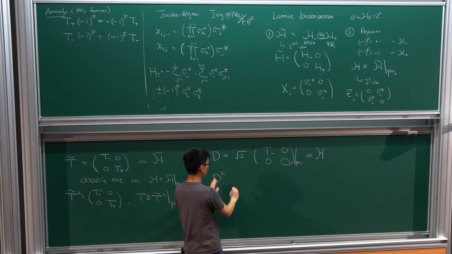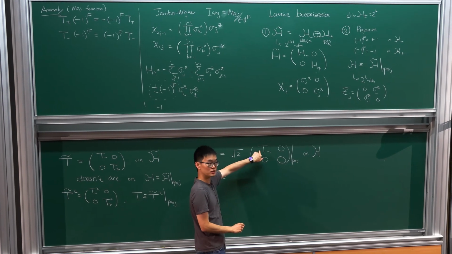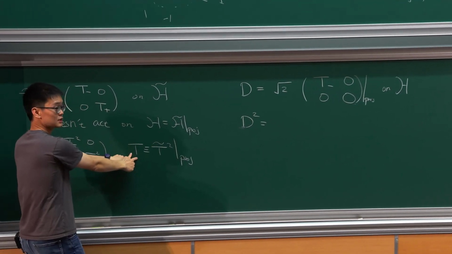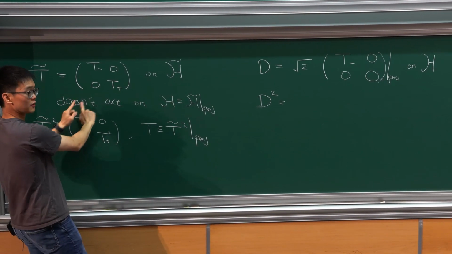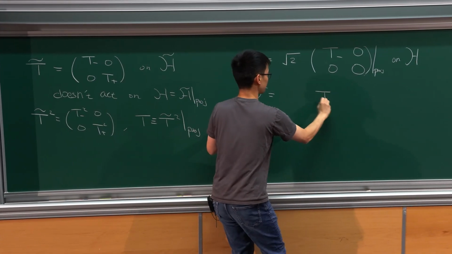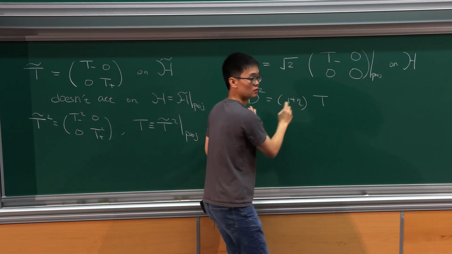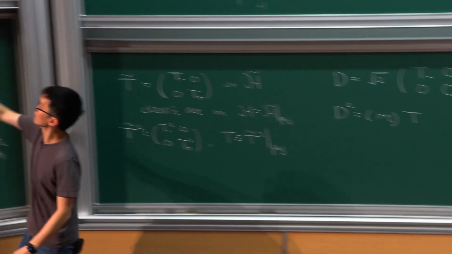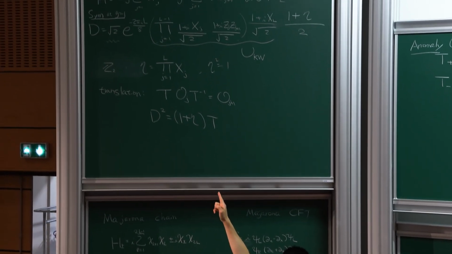When you take D squared, you get T tilde squared here. But that's just the Ising translation projected to one of its blocks. So it's just the Ising translation T times (1 + eta). So that gives a very straightforward derivation for the algebra of D squared over there.